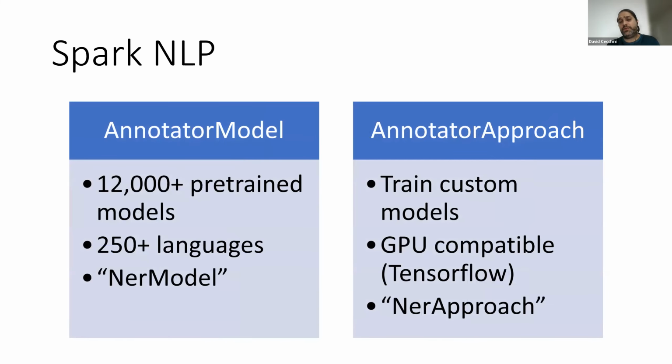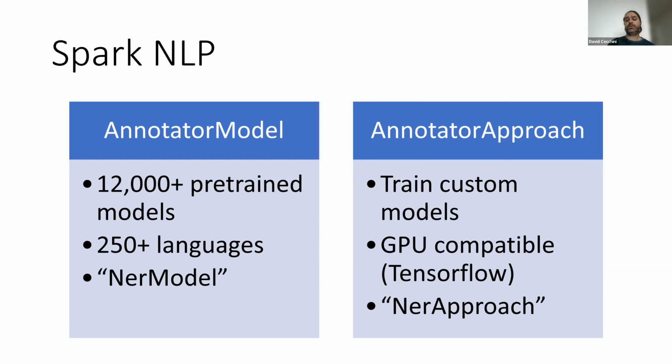So usually we have two main types of annotators. So one is annotator model that is able to use pre-trained models that are freely available on NLP Models Hub. So we have many pre-trained models for many different languages. For example, the model for NER.